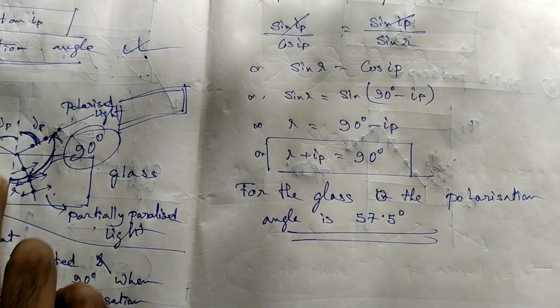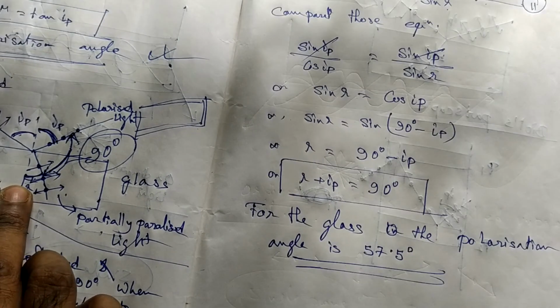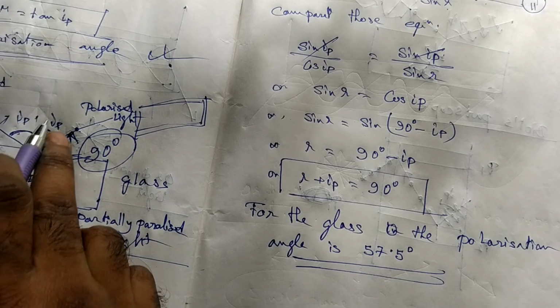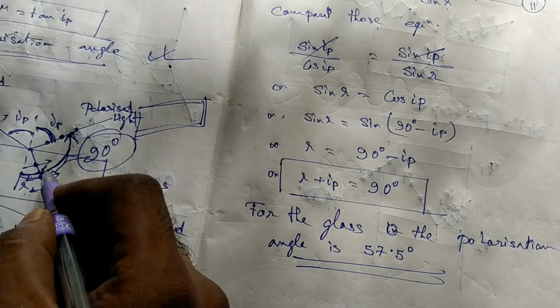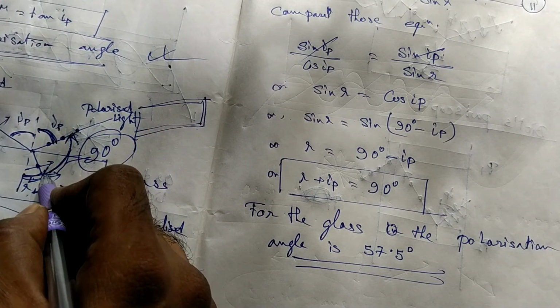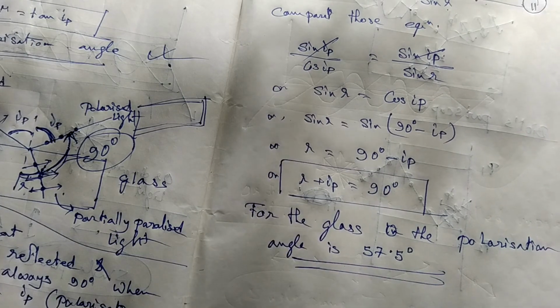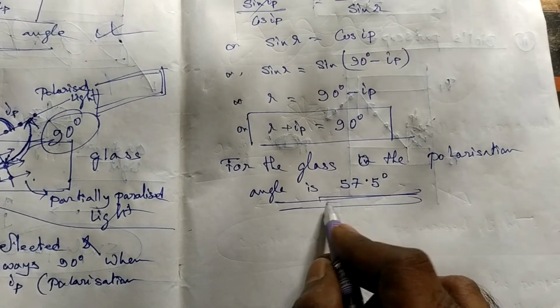If the angle of reflection and angle of transmission total 90 degrees, then the reflected and refracted rays are at 180 degrees, so this point to this point is also 90 degree. Clear? So we already proved that. And this is the angle of polarization.